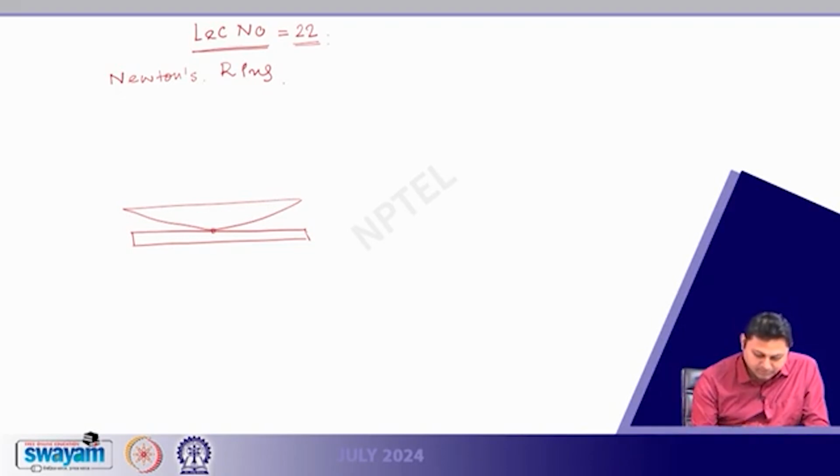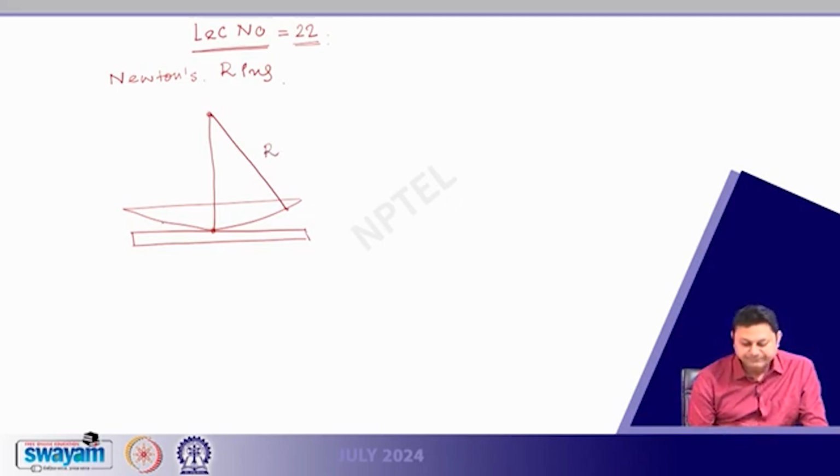This is R, the radius of curvature of this curve.